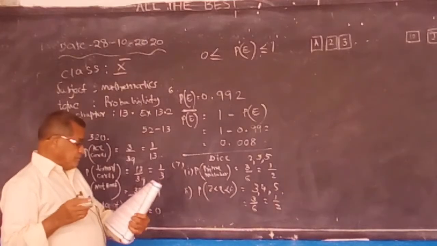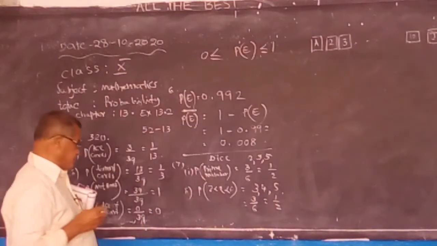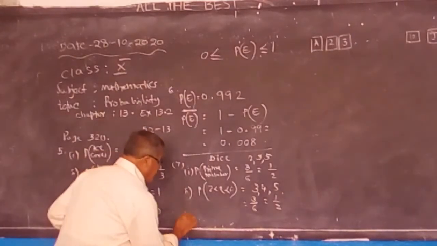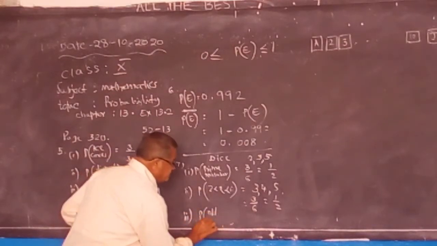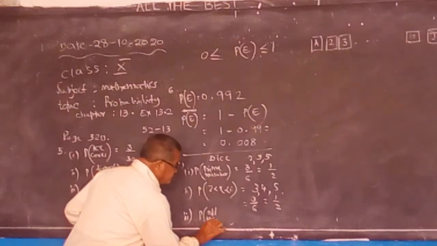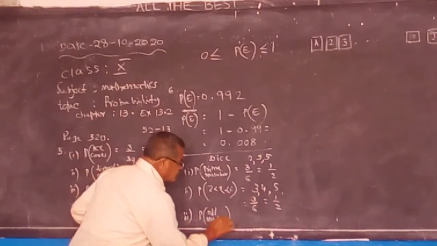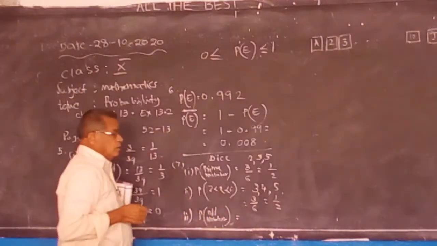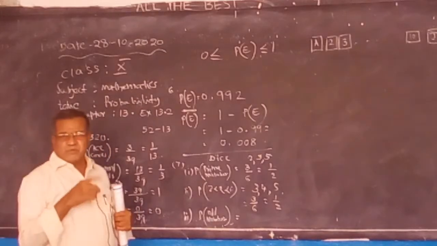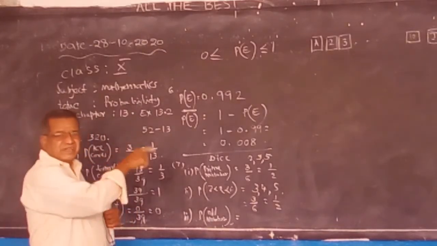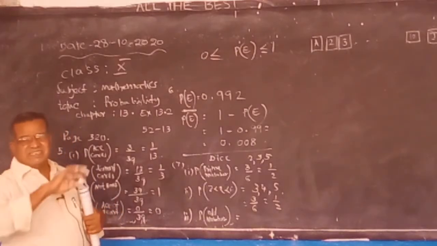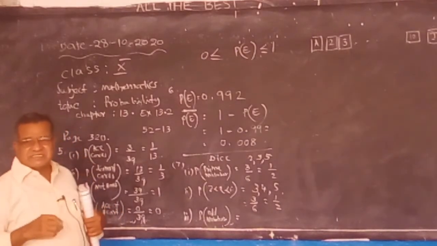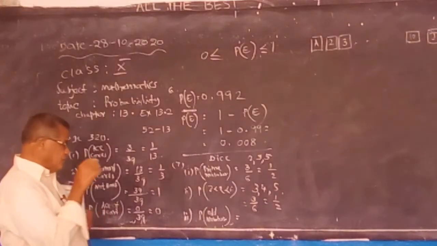Next, third bit, an odd number. Probability of odd numbers. This is the problem related to dice. So how many numbers are there? 6. Among the 6, we have to write the odd numbers.